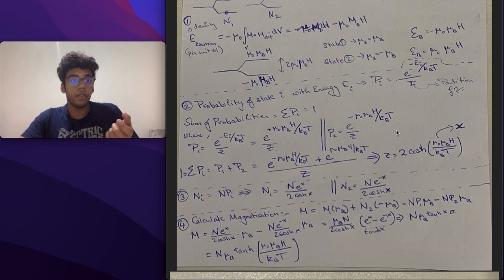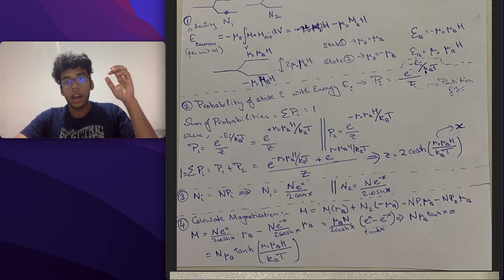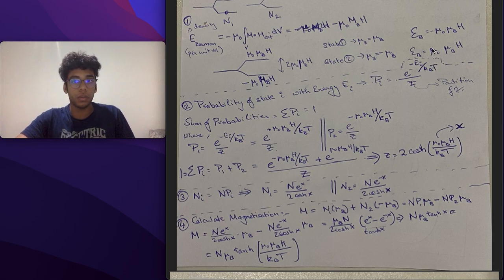For that we need to define a probability distribution, and to define it we use the Boltzmann distribution, which says the probability of finding a particle in state i is given by e to the power of minus the energy of that state divided by kBT, the Boltzmann distribution. And this whole thing of course has a normalization factor, or partition function, Z.